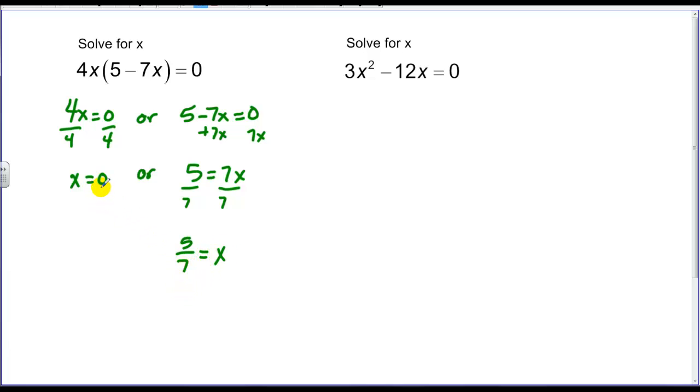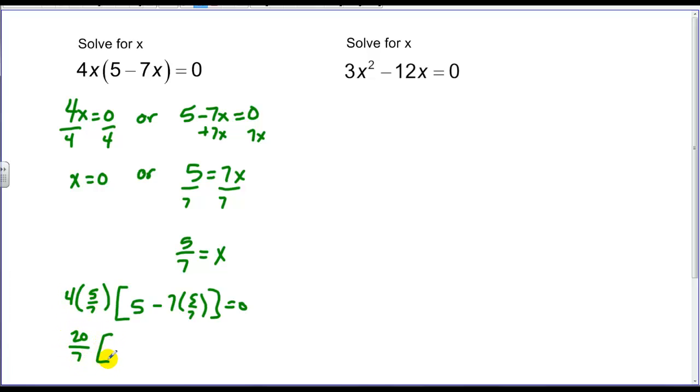Clearly easy to see that when I plug 0 back in, I get 4 times 0, which is 0, times anything is 0. Not a problem. This next one might be a little bit more difficult, so we'll work that out. 4 times 5/7 times 5 minus 7 times 5/7 better equal 0. 4 times 5/7 is 20 over 7.